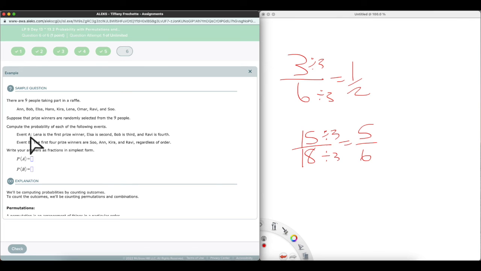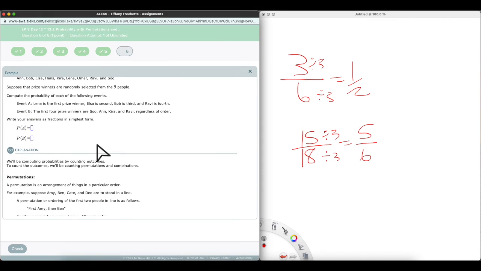This person is first, this person's second, third, and fourth. And then event B, we have the first 4 prize winners are Anne, Kira, Ravi, regardless of order. Oh, so I missed her name because I thought it was a typo for a second. So same exact idea, just different scenario. Their talent show versus a raffle.